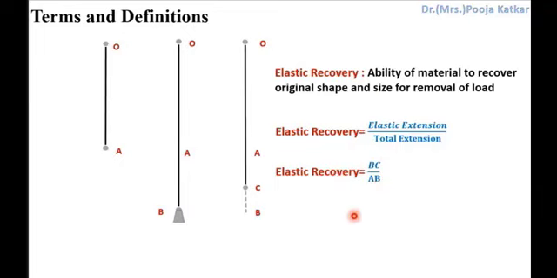If expressed in percentage, elastic recovery will be 100% for 100% elastic materials. These are a few common and basic terms which are used in tensile strength testing of textile materials.